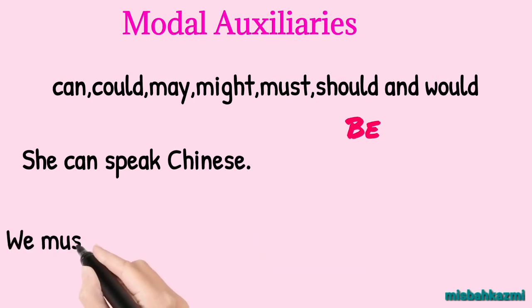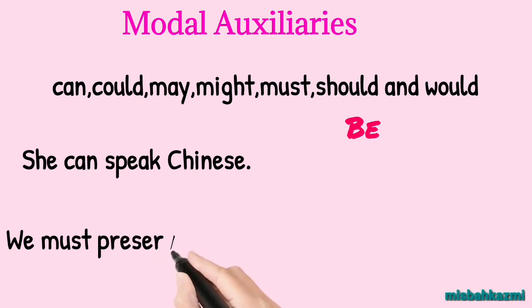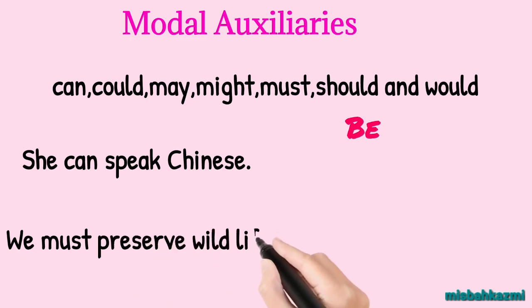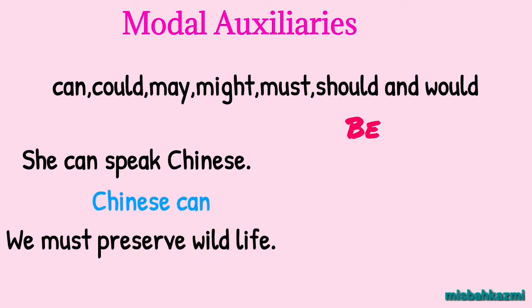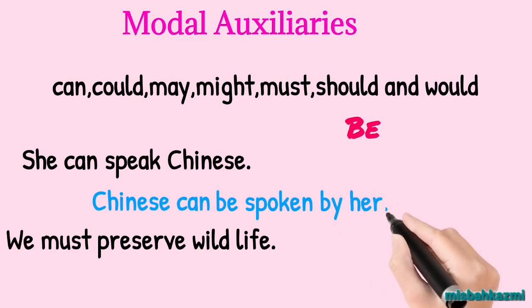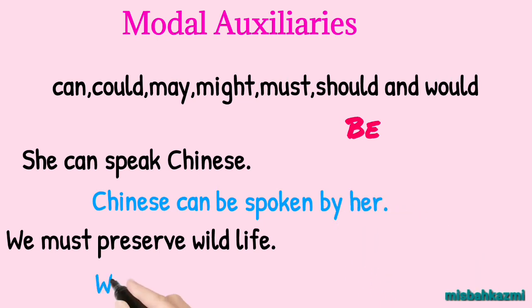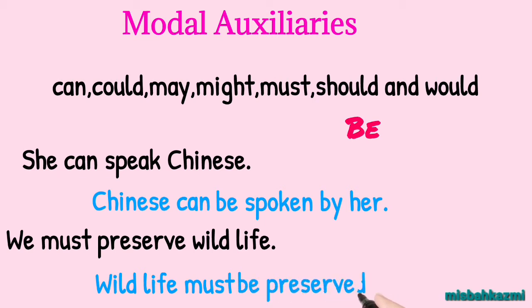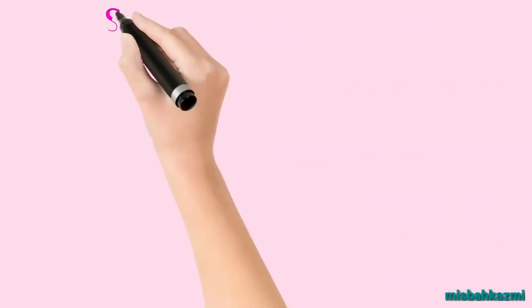Second one is we must preserve wildlife. So we will add be after this. Chinese can be spoken by her. The second one will go as wildlife must be preserved by us. Okay, this is the use of modal auxiliary in passive form.